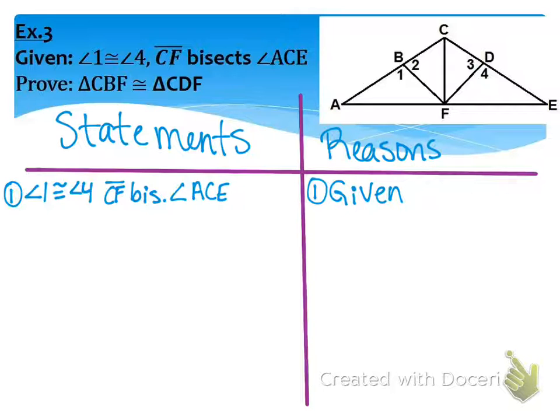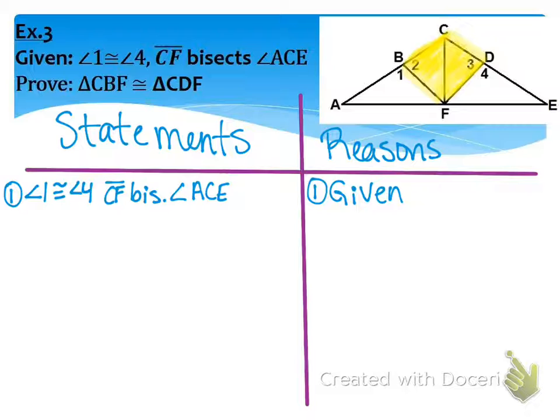Now in this problem, it might be helpful to focus on what triangles you're trying to prove congruent, because they have lots and lots of triangles here. So we are looking at triangle CBF. So that's this one here off to the side, and angle CDF. So these are the ones we care about, these little ones up on the inside middle top part.